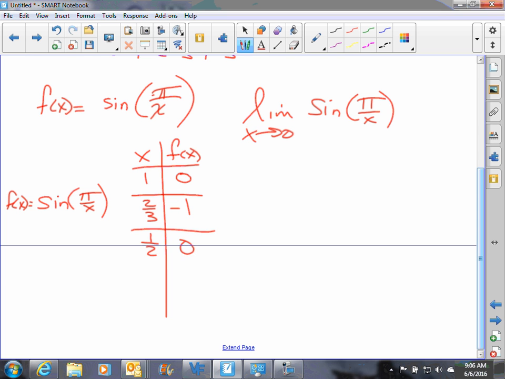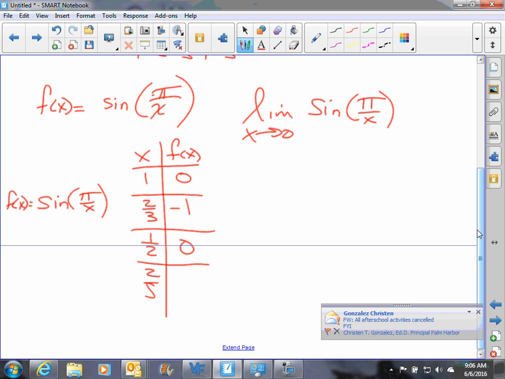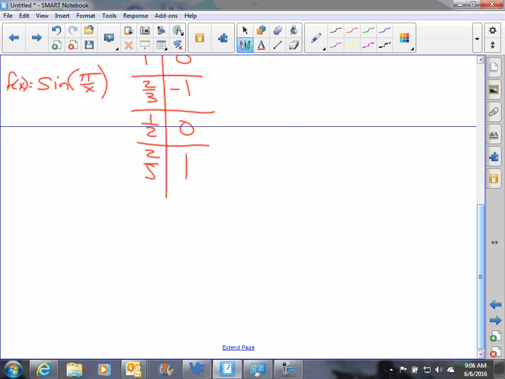And then I'd like to try 2/5. Now, the sine of pi divided by 2/5 is the same as the sine of 5 pi over 2. So the sine of 5 pi over 2 is 1. Now, let's try x equals 1/3.